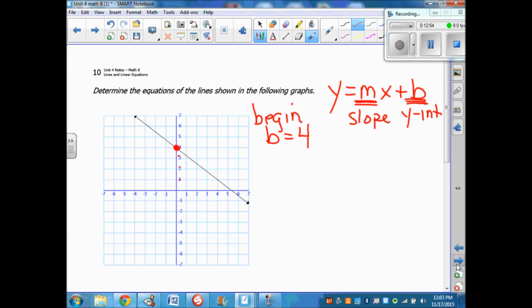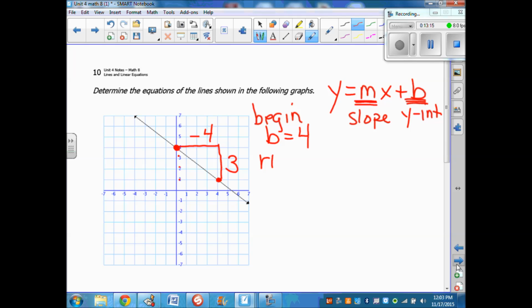Now we've got to figure out the rise over the run if we've been doing that in class. So we could pick another point on this line to figure out. I think I'm going to pick this point here, and I'm going to go up 1, 2, 3. Remember, we make that right triangle, and we went back 1, 2, 3, 4. So we went up 3 and back 4.